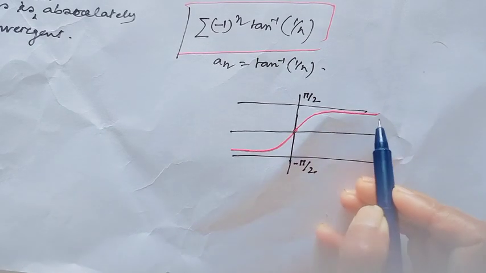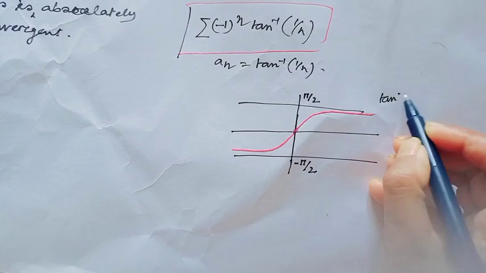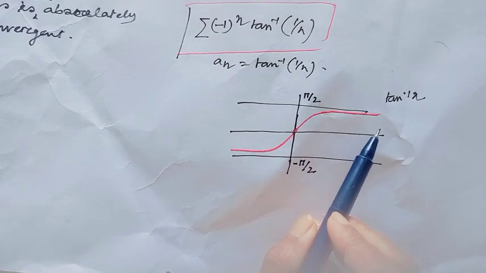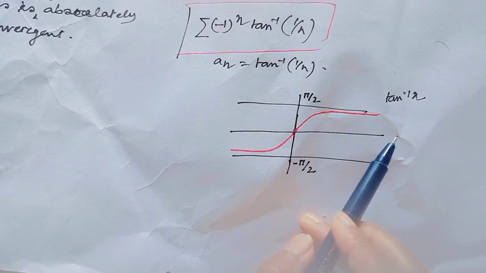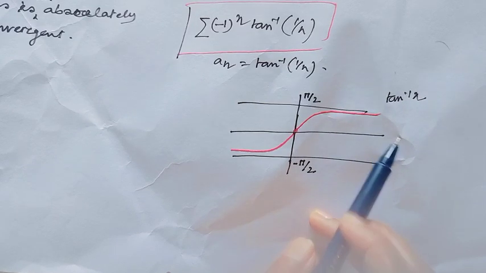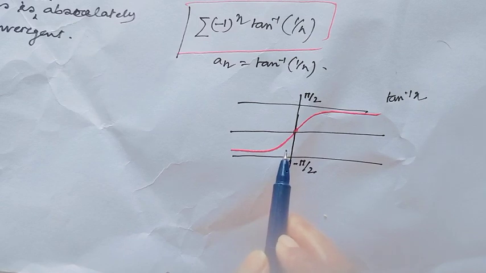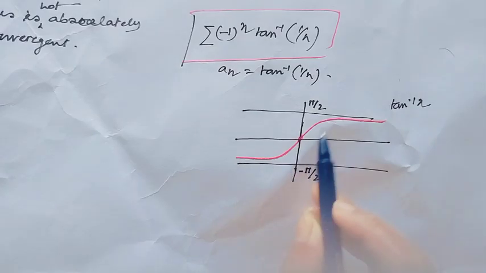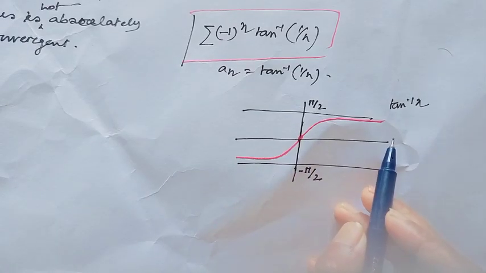This is the graph of tan inverse x, because when x goes to infinity, tan inverse x goes to pi over 2, and when x goes to minus infinity, tan inverse x goes to minus pi over 2.